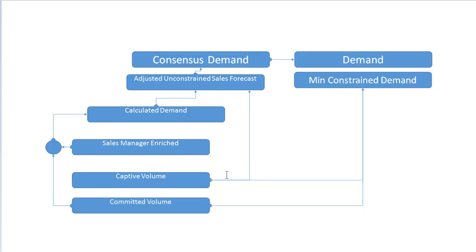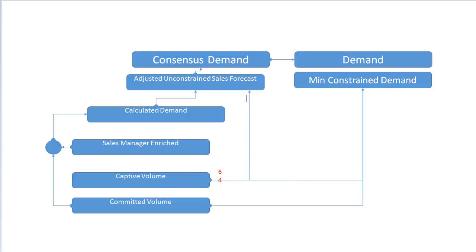Now, we can also give an example of how the captive volume is going to work. Captive volume will be entered just for captive customers and assigned to a specific location since it is entered.